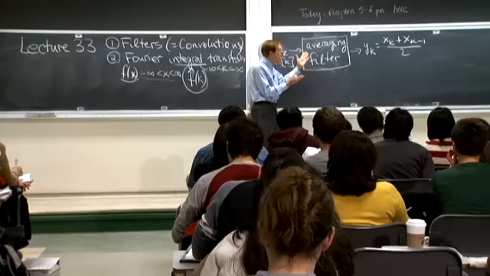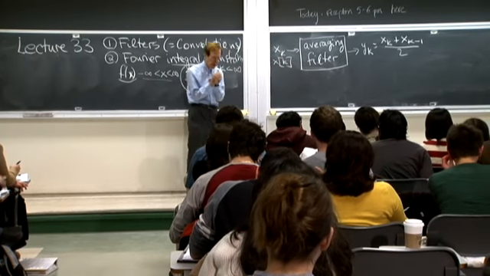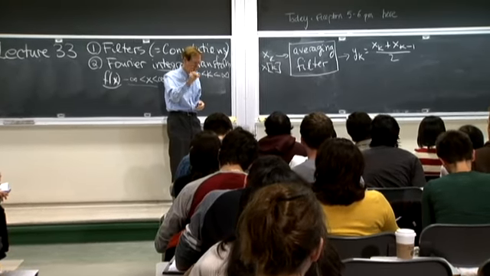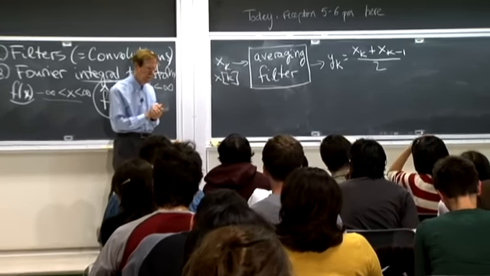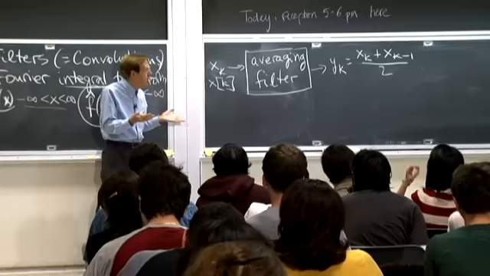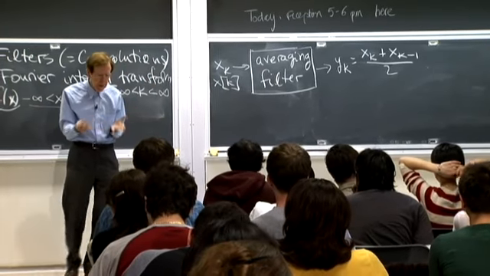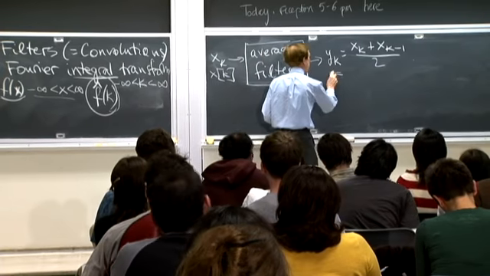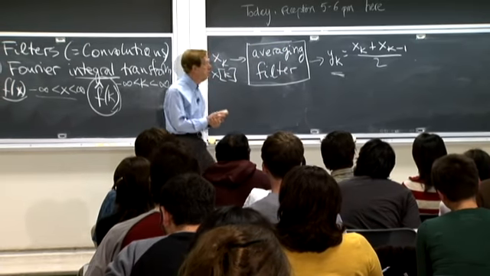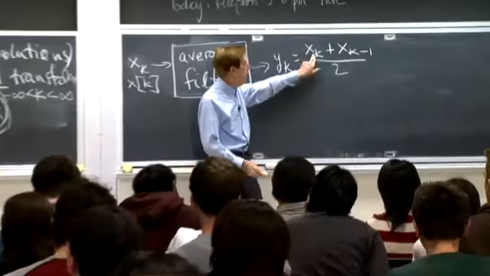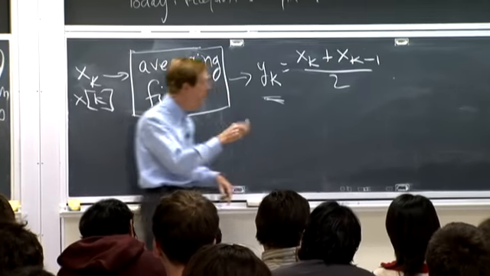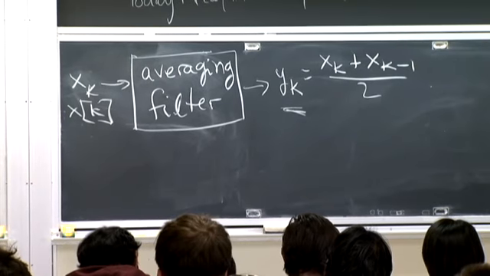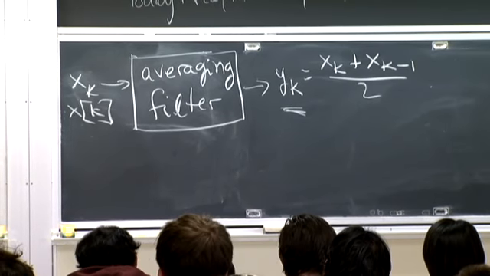And I'm taking the simplest filter I can think of, the one that just averages the current value with the previous value. And we want to see what's the effect of doing that. So we want to understand the outputs, the y_k, which are just the current value and the previous value averaged. We want to see that as a convolution and see what it's doing.